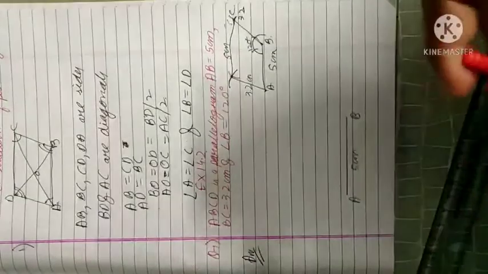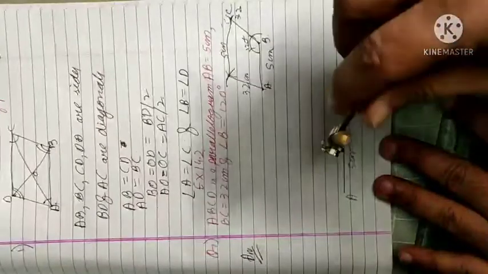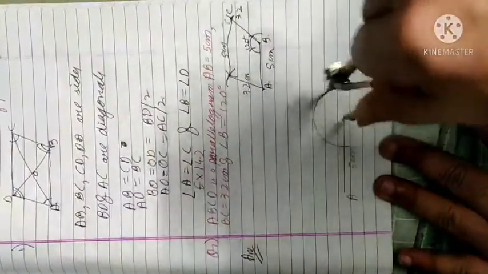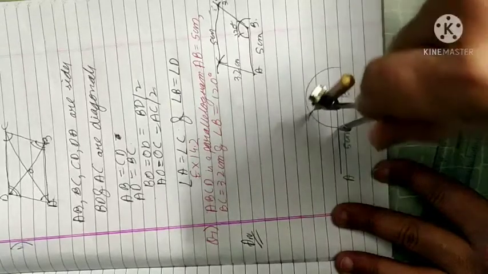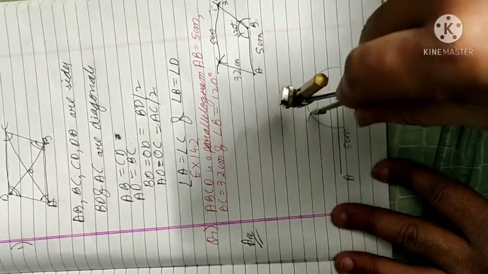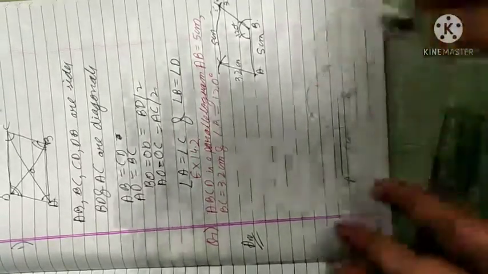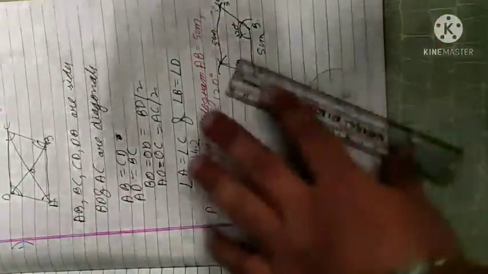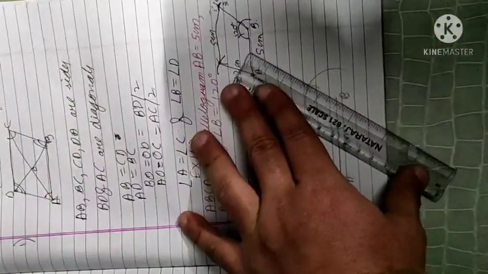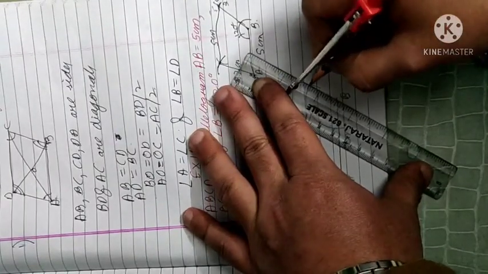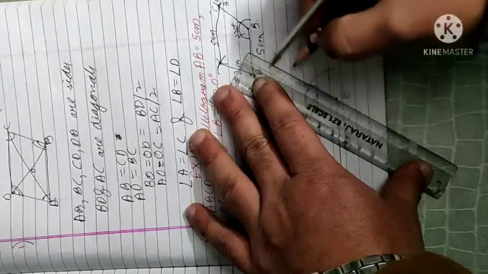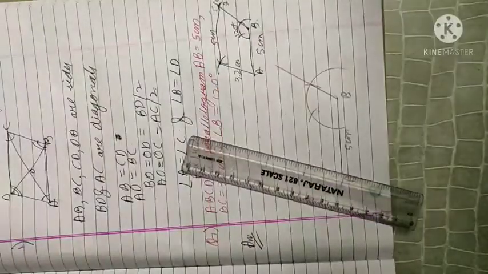Now angle B is 120 degrees. Okay, this is the point for 120 degrees. We will take a long line here. Okay, this is the 120 degree line.